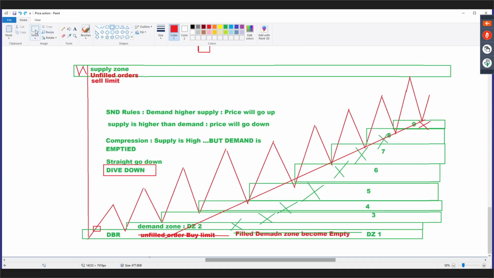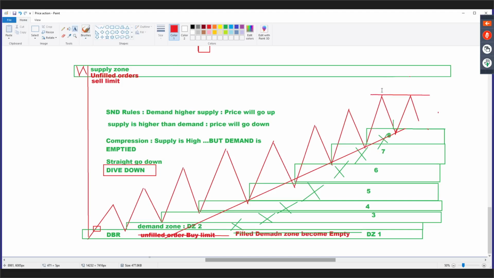For example, let's suppose that you have this. The price is going to our supply zone. The price is going up like a staircase. Suddenly, there are no news nearby, no news in the near future, but the price is making a fake out.